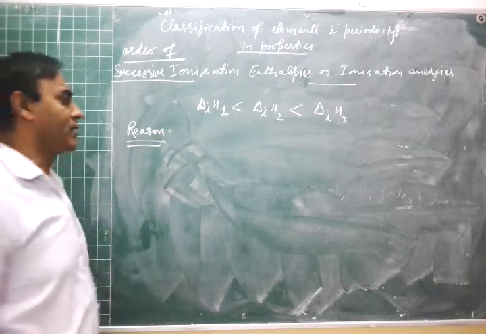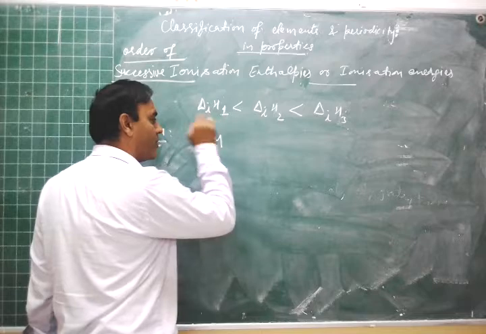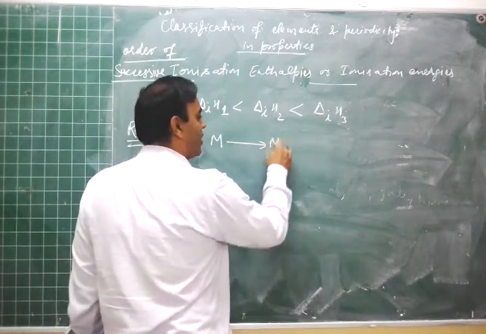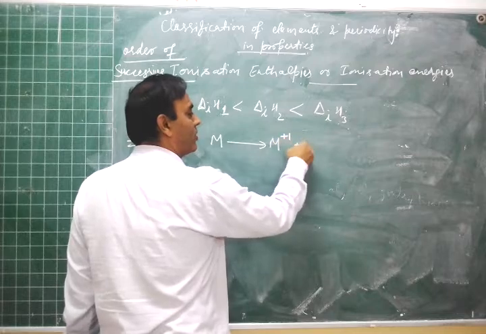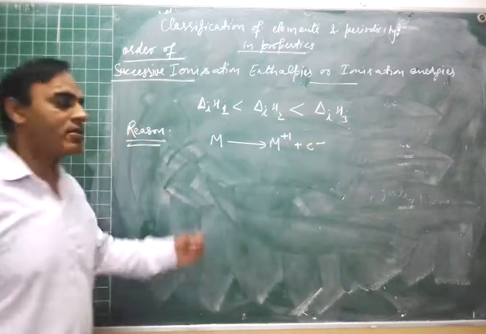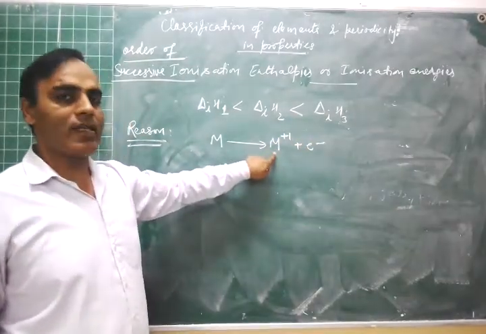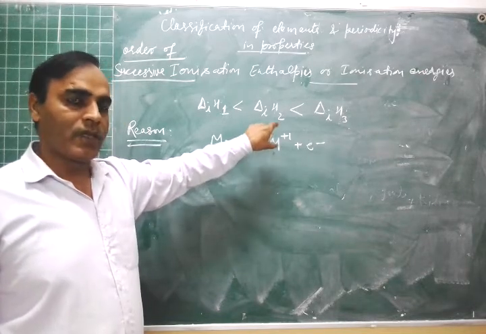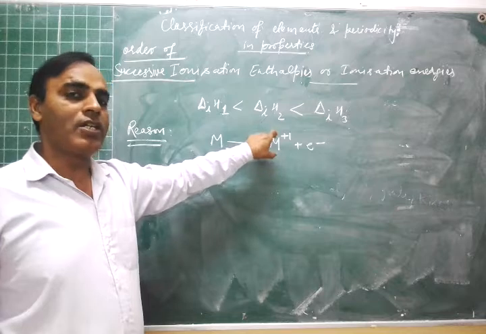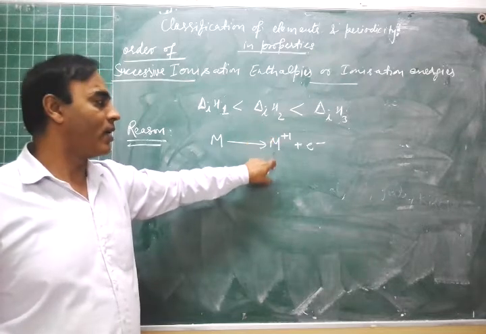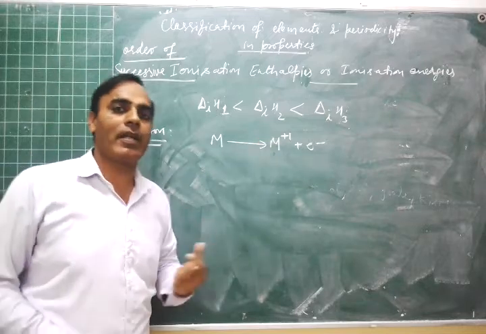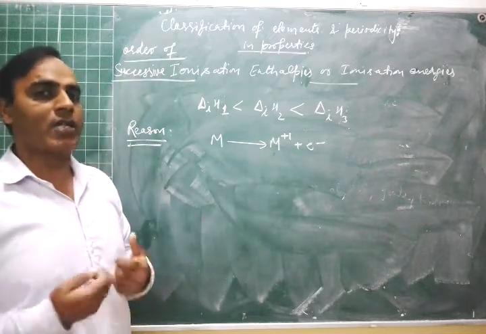When we remove one electron from an atom, suppose this is an atom, it acquires +1 charge. The effective nuclear charge increases, and you can now call it a cation. And we know that a cation has more effective nuclear charge.